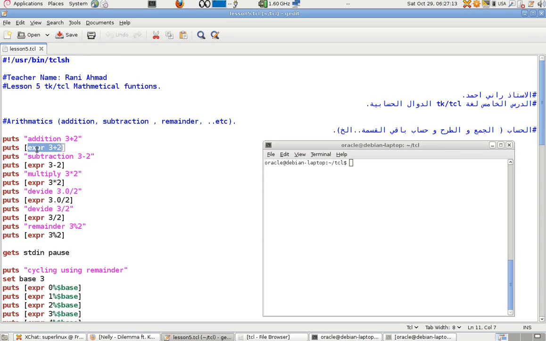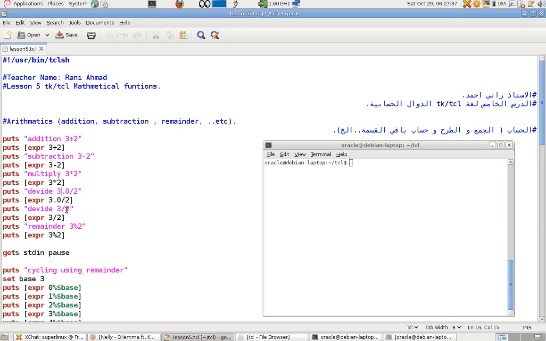So you'll have 3 plus 2. Now this is how you subtract using this dash, and this is how you multiply. We have a star here.